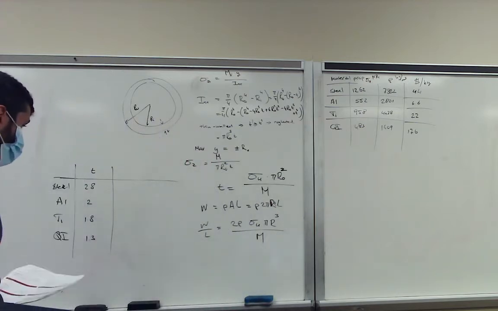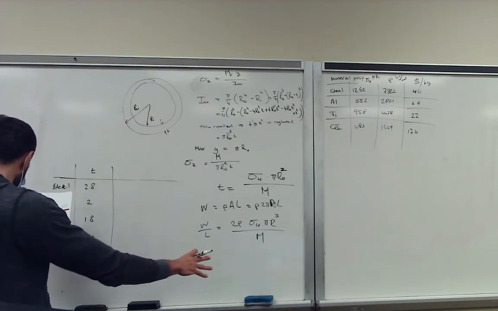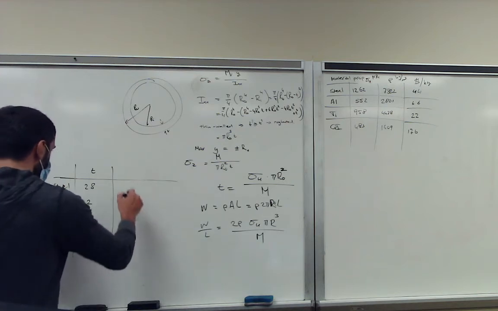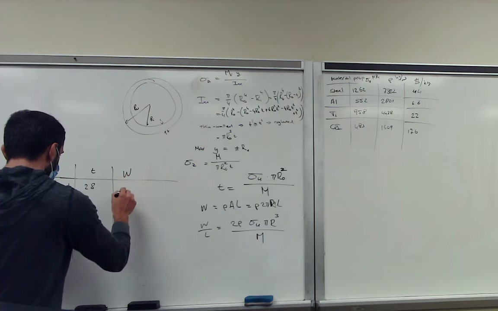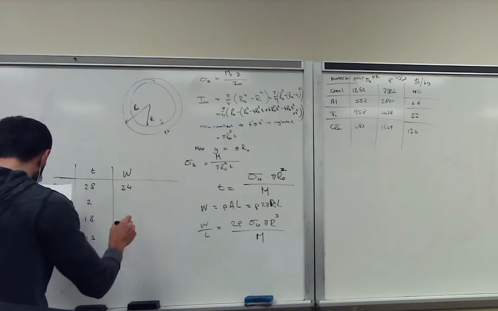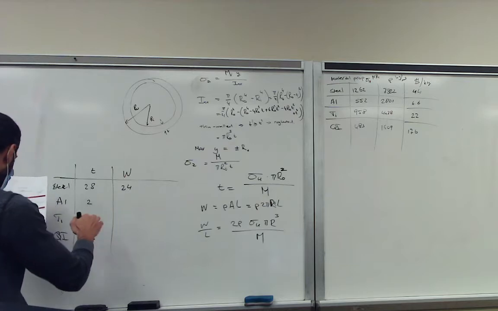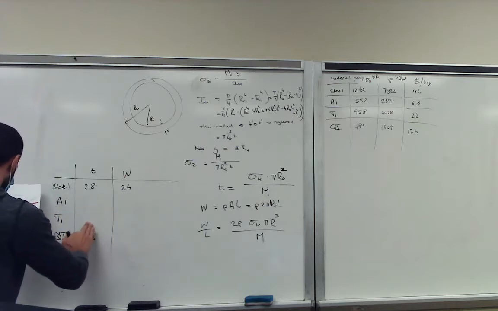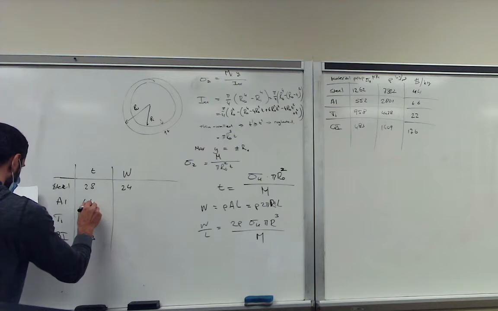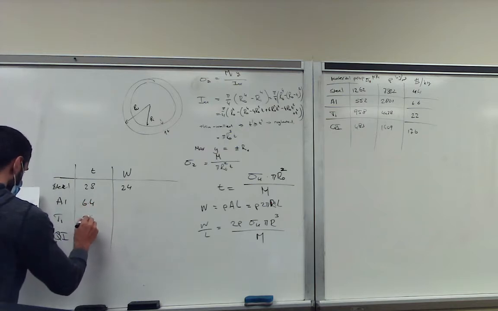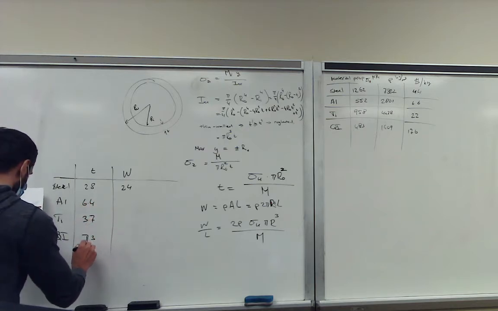Okay. So if you do this, let me see what my numbers are. So the weight, we get 2.4. Oh, sorry, I looked at the wrong table. 6.4 here, 3.7, and 7.3.